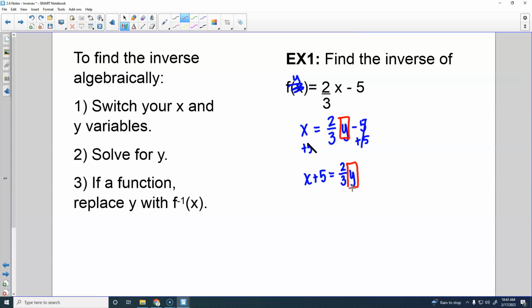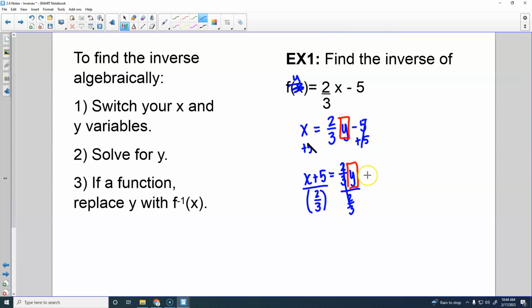To make it a little bit easier, you could do it this way, divide by 2/3, but I don't like you to leave what we call complex fractions, where we have fractions inside of fractions, because if fractions weren't bad enough already, putting more fractions inside of fractions is just confusing.